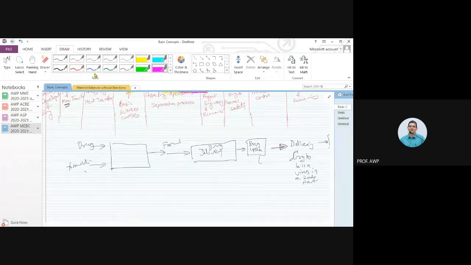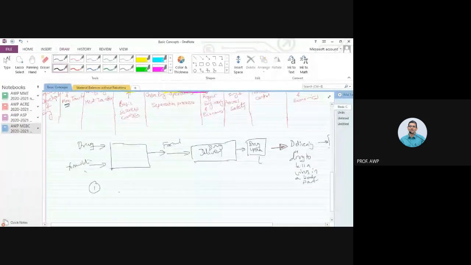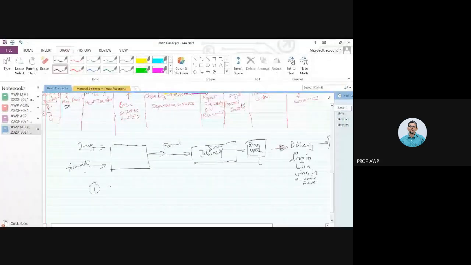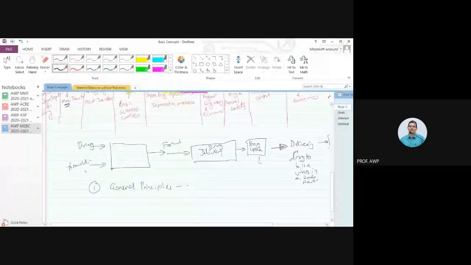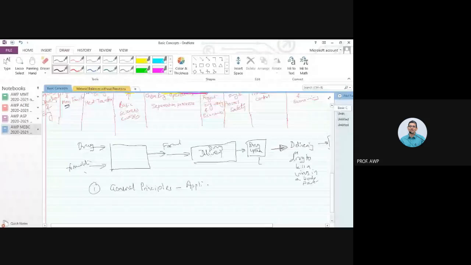So the point that I am trying to make is this. We have general principles which we are going to study in the coming 4 years, and they are applicable universally.